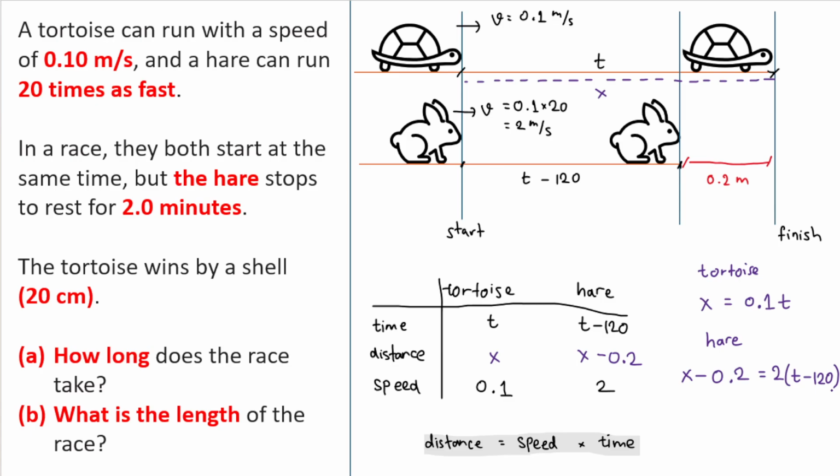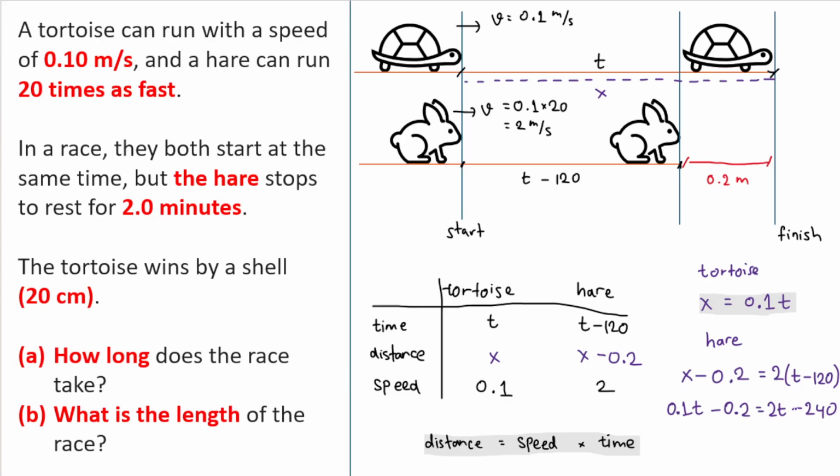Now what we can do is just substitution. We have x equal to 0.1t, so let's plug that in. We will have 0.1t minus 0.2 equals 2t minus 240. Now what can we do?